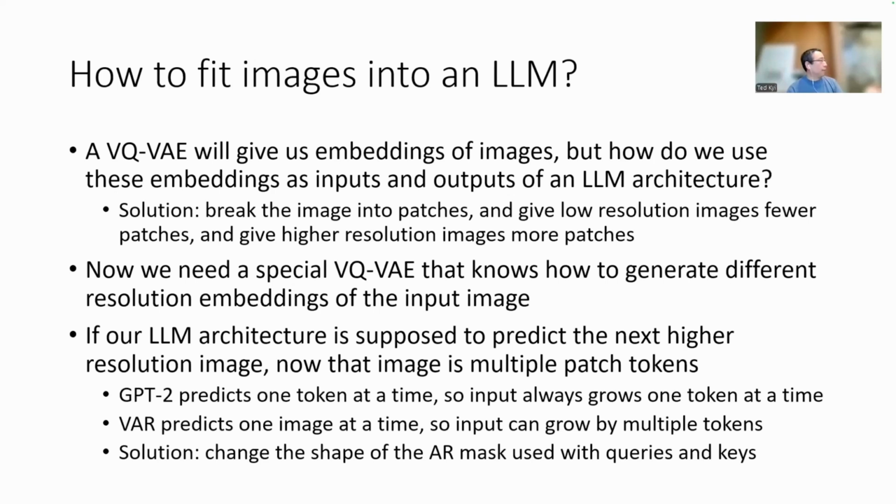What I'm saying, though, is how we will represent the different resolutions as data. The lowest resolution is going to get one single vector, which will be represented by our VQ-VAE single codebook number.